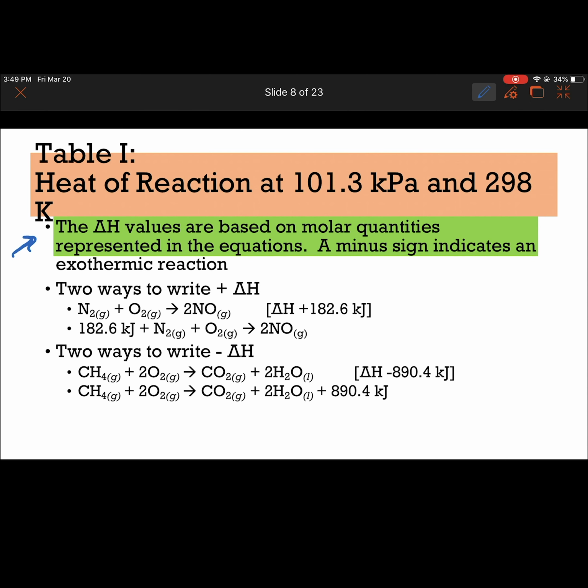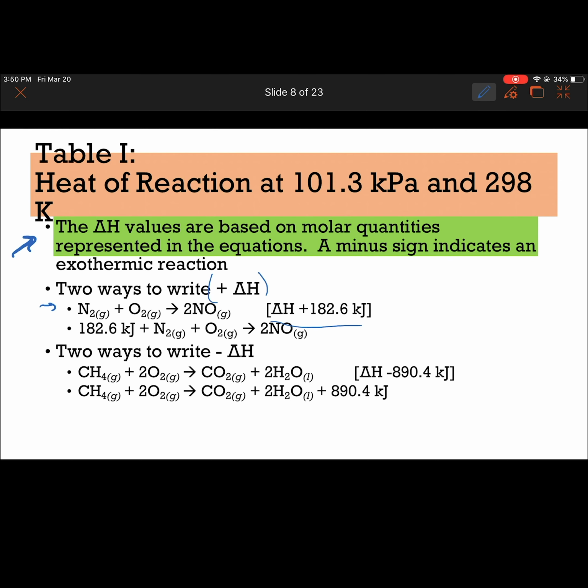So if we have a delta H that is positive, you can write these things in two ways. If you have a delta H that is positive, you can write your equation as is. So we're looking at this example here, and on the side, delta H is positive 182.6. That's a completely accurate way of writing it.